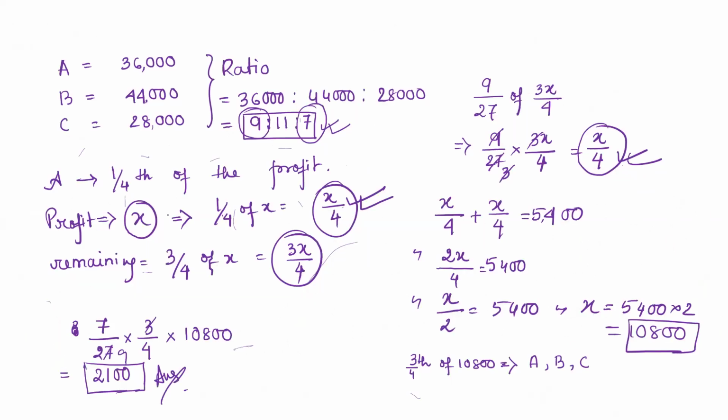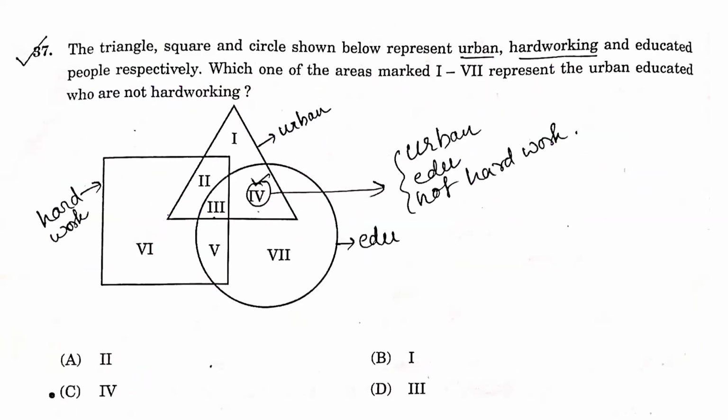Now coming to the next question. Here you will have to study the diagram very nicely. This is a picture-based question. The triangle, square and circle shown below represent urban, hardworking and educated people respectively.